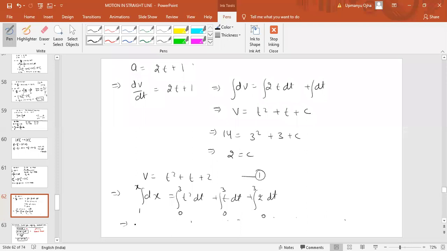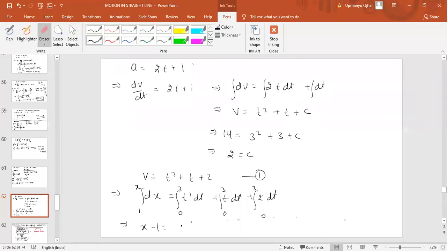So x minus 1 equals t cube by 3, which is 3 cube by 3, that means 9.